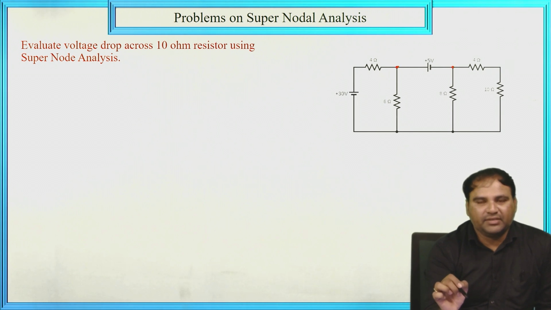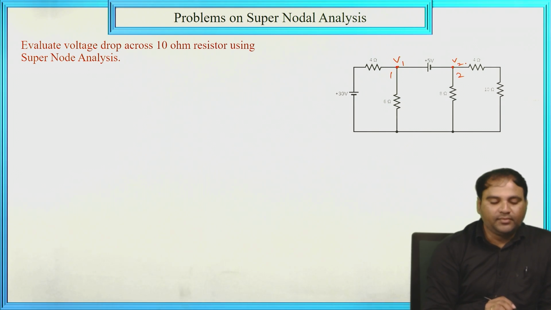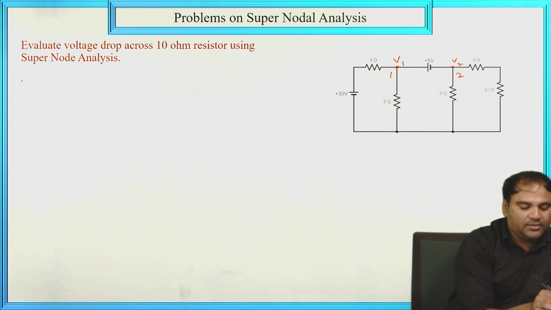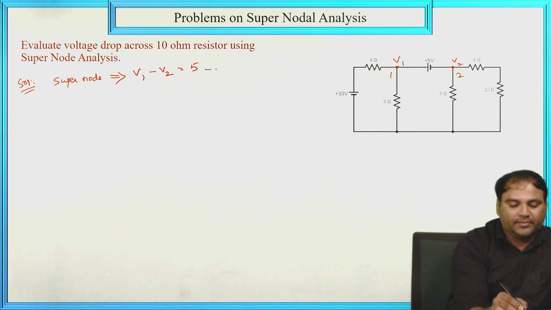Here first of all we need to write the supernode equation. Before that, first assign the nodes. So this is node 1 and this is node 2. Node 1 we represent as V1, node 2 as V2. So the supernode equation is V1 minus V2 equal to 5.